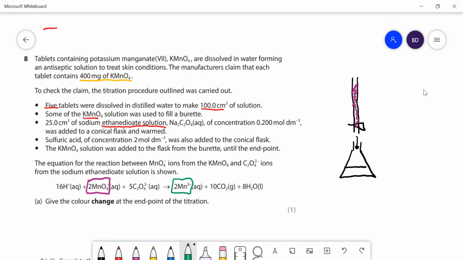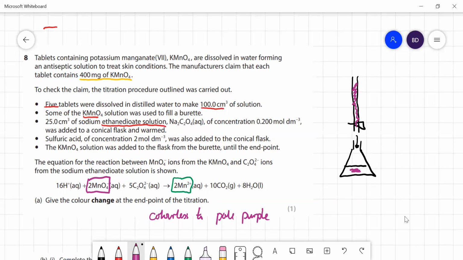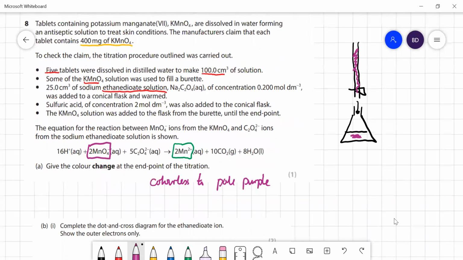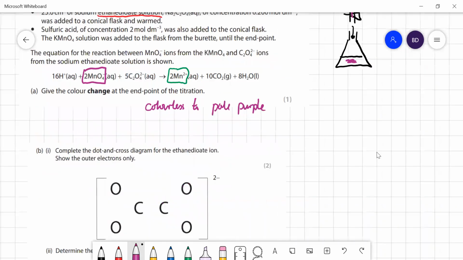So the purple color disappears until you get to the end point, when the manganate no longer reacts, so it will become purple. So the color change is colorless to pale purple, because you just want to add 1 drop over. That's your endpoint. You don't need an indicator there. Normal potassium manganate titration.